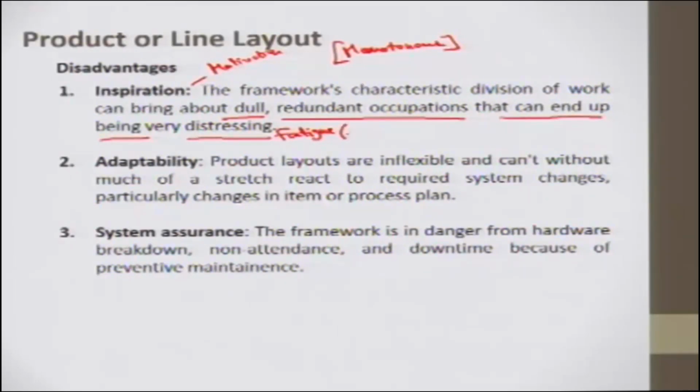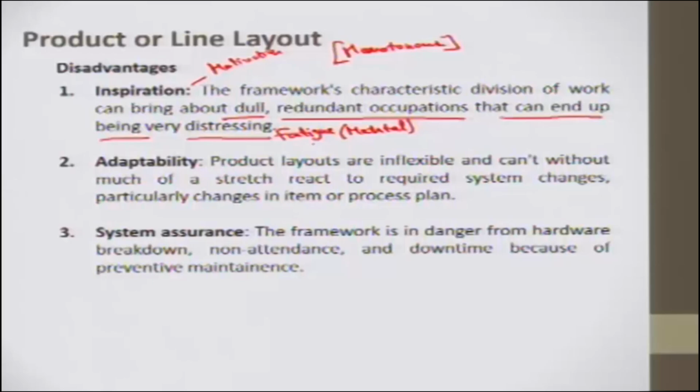In this case, I am not talking about physical fatigue, that is different, but mental fatigue. So for this, when we talk about work study and method study, and the efficiency of the worker, the skilled worker is compared with the standard worker, and certain breaks are given in between. For example, if there is an 8-hour work shift, certain breaks after every 3 hours or every 2.5 hours are given. So that is why the fatigue can be reduced.